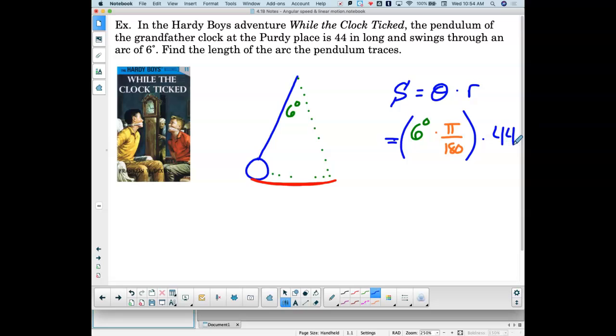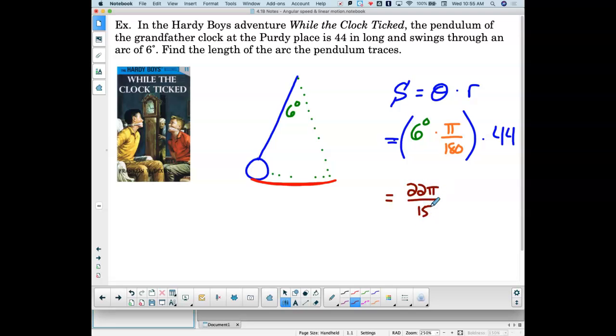Coley, did you have a question, or are you just going to give me the answer? What'd you come up with? I can do it though. Okay. So this is what, in exact form? 22 pi over 15. Yep, that's what I got.